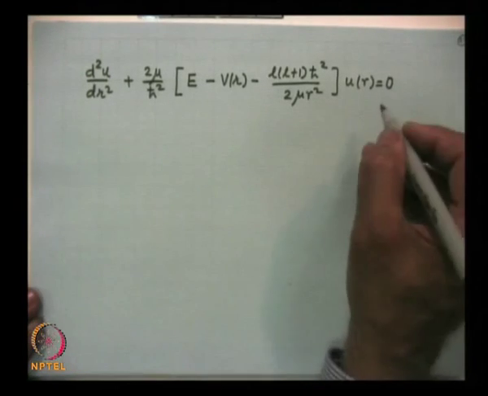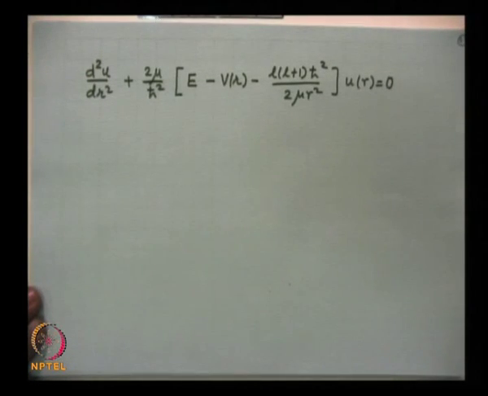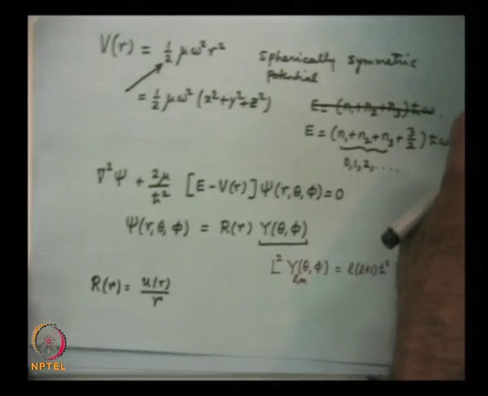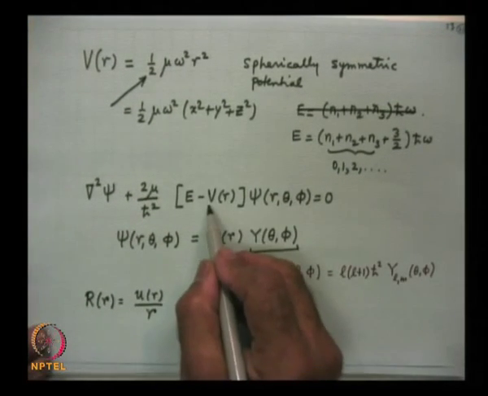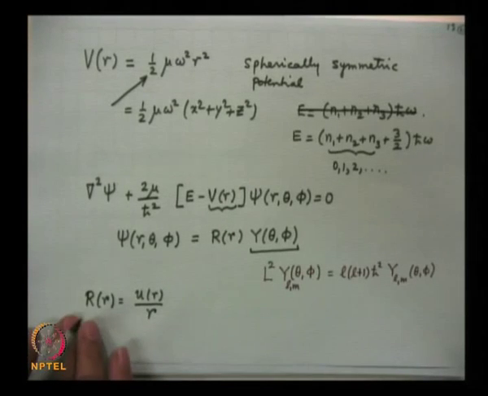This is one of the forms of the radial part of the Schrodinger equation, and this simplification is always possible as long as the potential energy function is spherically symmetric.